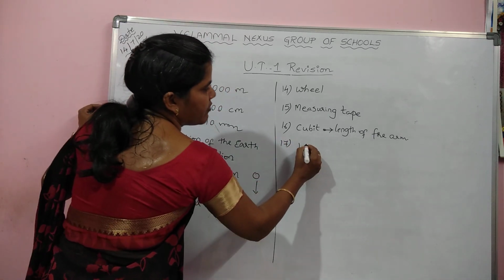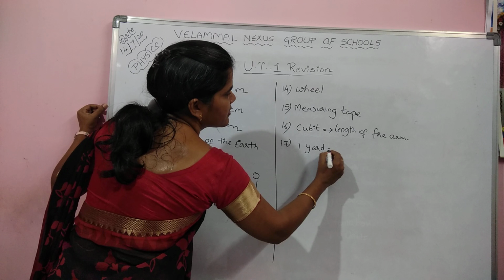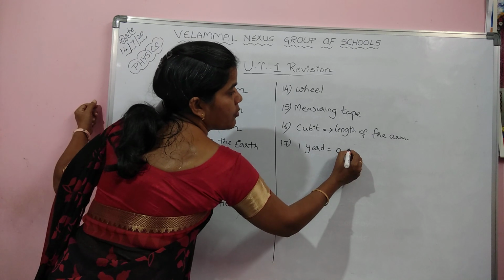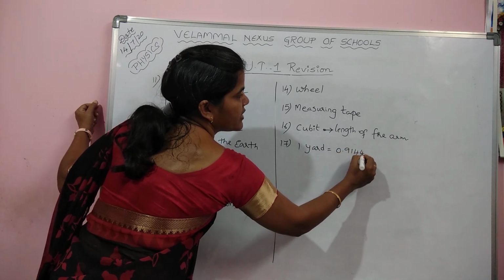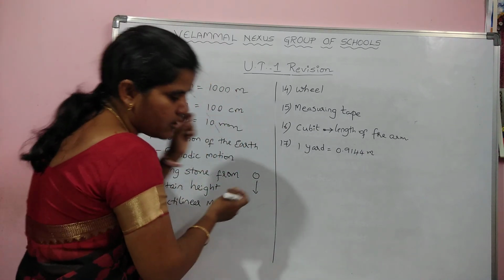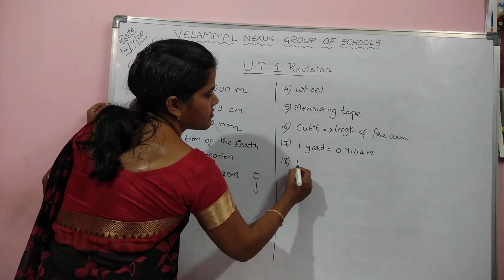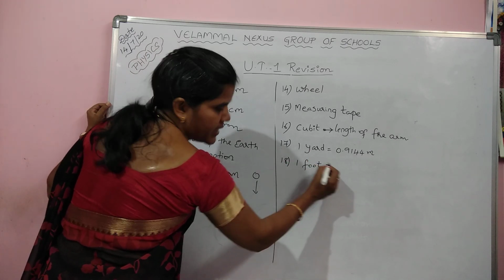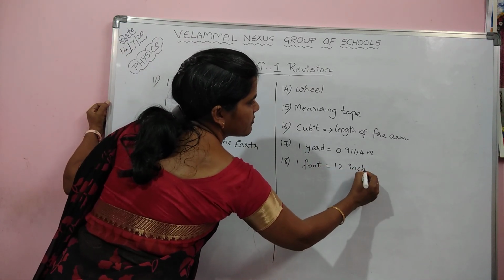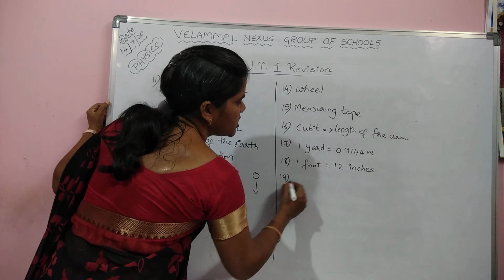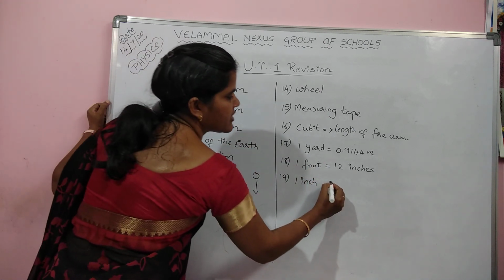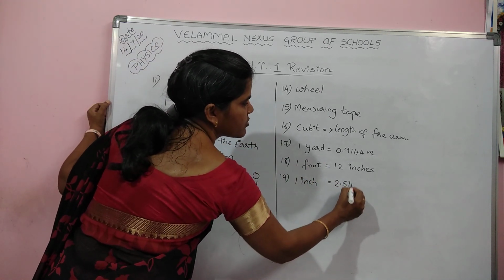1 yard is equal to how many meters, children? 0.9144 meters, children. 1 foot is equal to how many inches? 12 inches. 1 foot is equal to 12 inches, children. 1 inch is equal to how many centimeters? 2.54 centimeters.